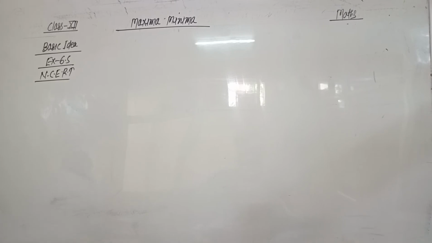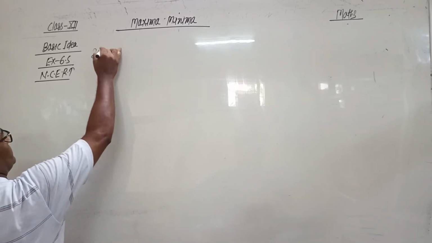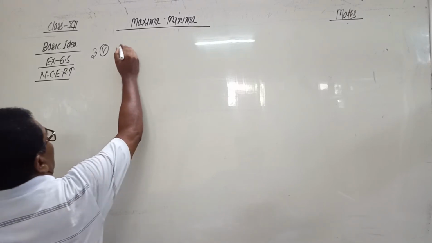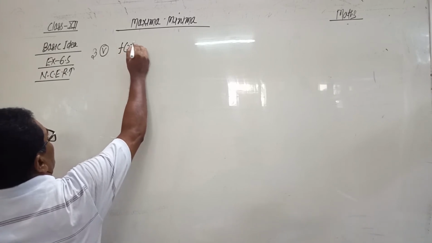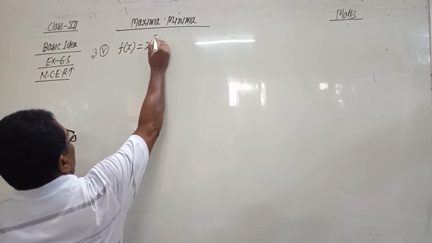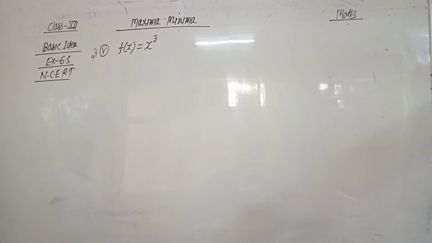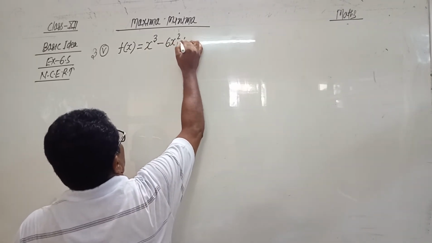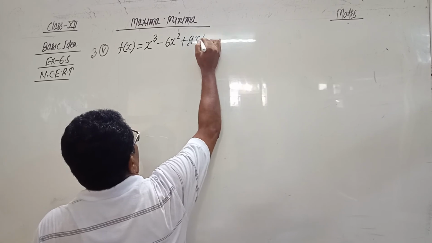The next question, fifth part of question number 3. f(x) equals to x cube minus 6x square plus 9x plus 50.